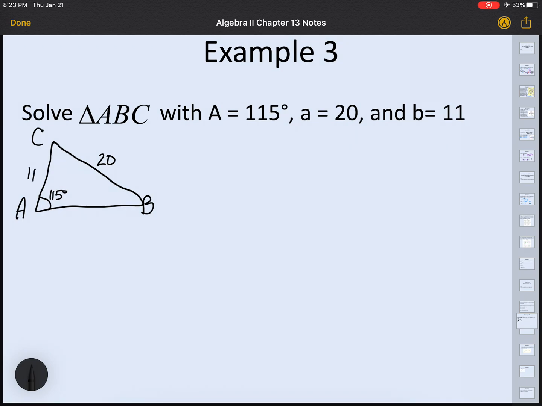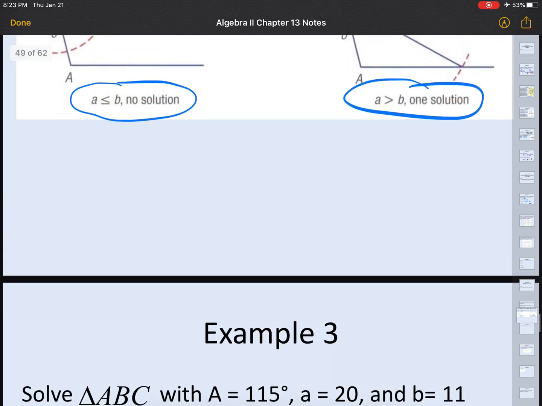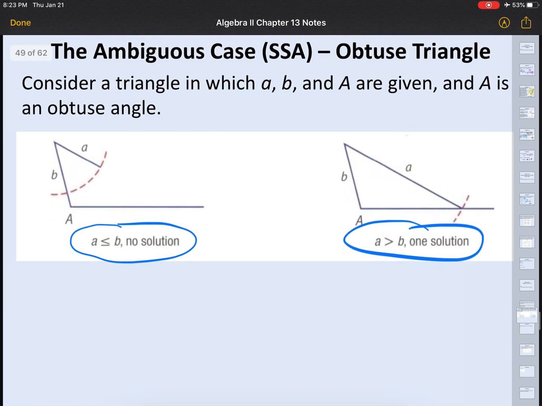So here we have a side-side-angle, which is what we just talked about. And we know that a is greater than b. So back up top here, and angle A is obtuse. So a is greater than b.